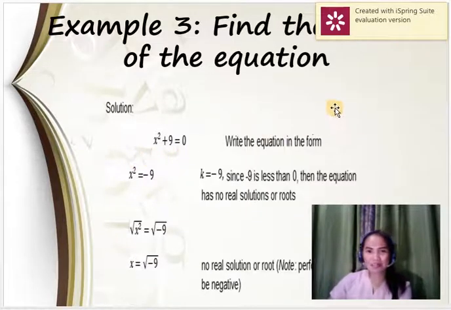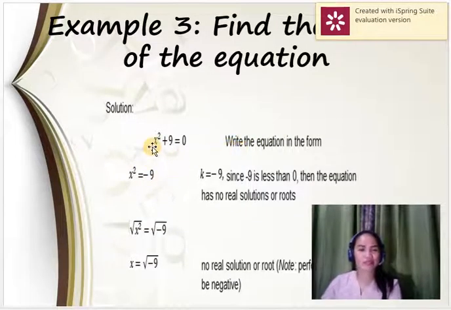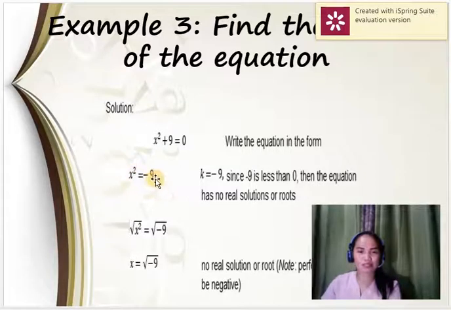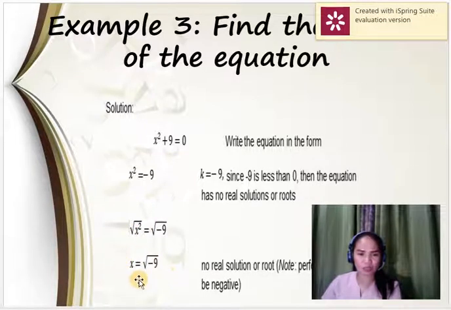Okay, example number 3. x squared plus 9 is equal to 0. In the form x squared is equal to k, then apply the square root property on both sides. There you go. x is equal to the square root of negative 9.